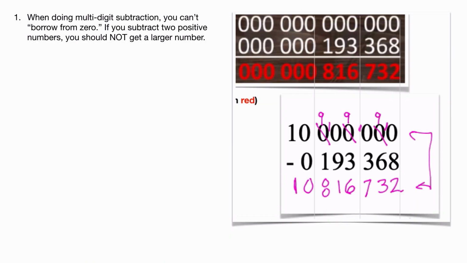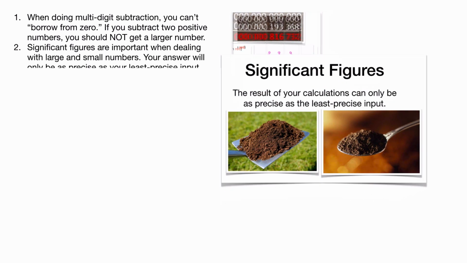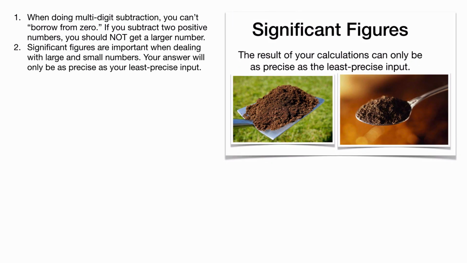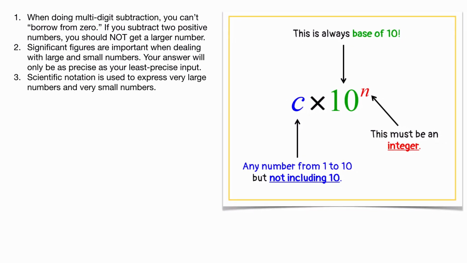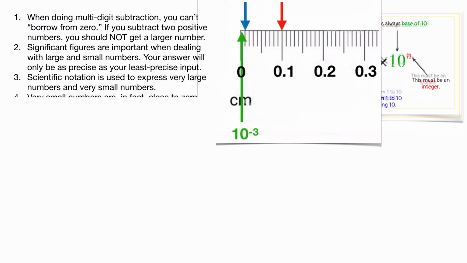So when doing multi-digit subtraction, you can't borrow from zero. If you subtract two positive numbers, you should not get a larger number. Significant figures are important when dealing with large and small numbers. Your answer will only be as precise as your least precise input. Scientific notation is used to express very large or very small numbers.